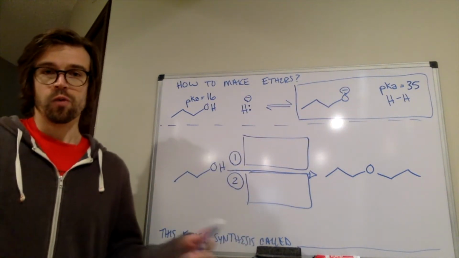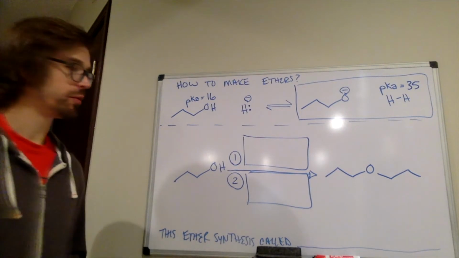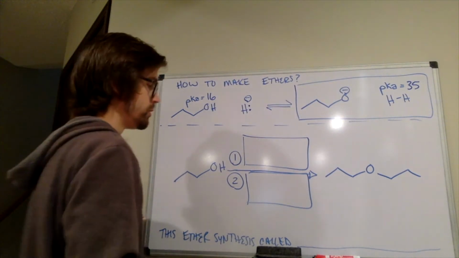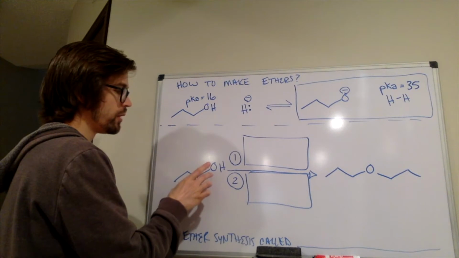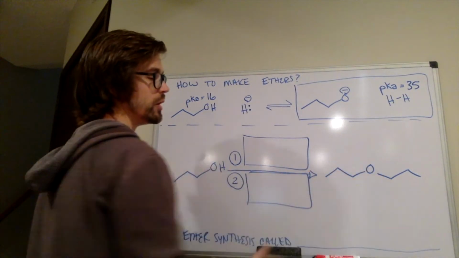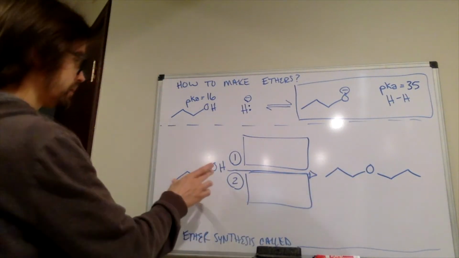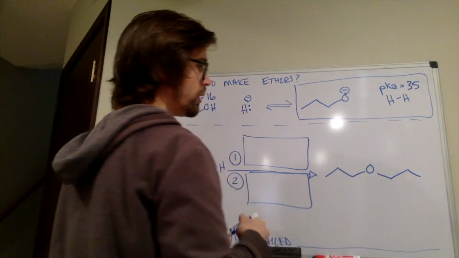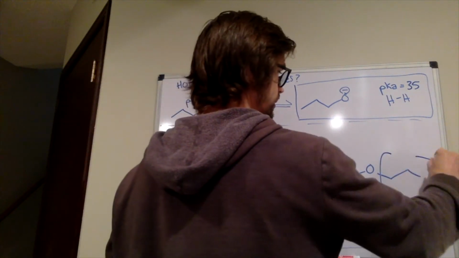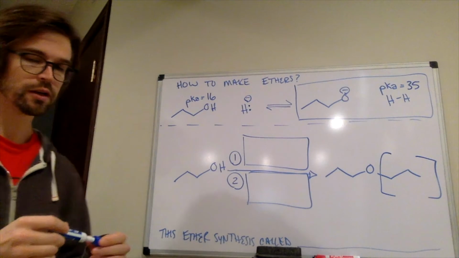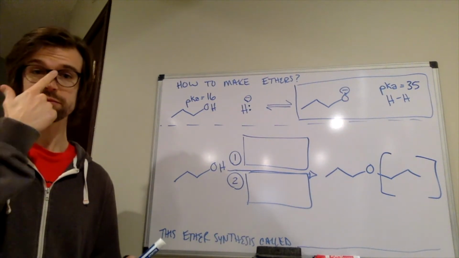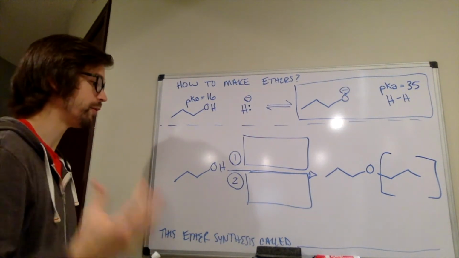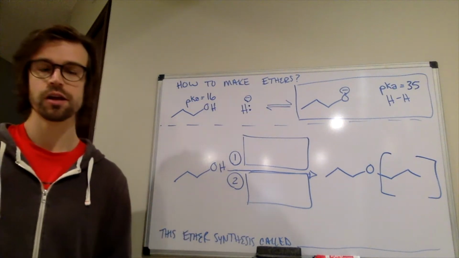So why do we need this at all? Well, we need a nucleophile to transform an alcohol into an ether. So what's the difference between this molecule and this molecule? Essentially it's this 3-carbon unit right there. So how are we going to put that 3-carbon unit onto this oxygen?